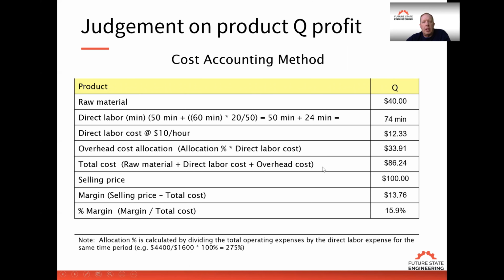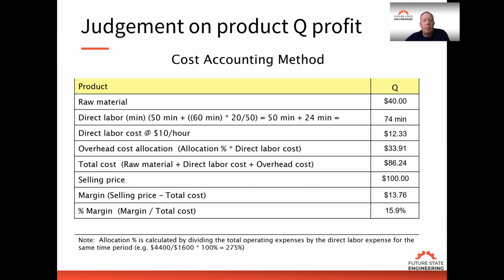Now, what happens if I could take my labor, cross-train them, and expose some hidden capacity and take that time and dedicate it to producing product Q? So I'm going to add additional labor to produce product Q. And in this case, I used a rate twice as slow.